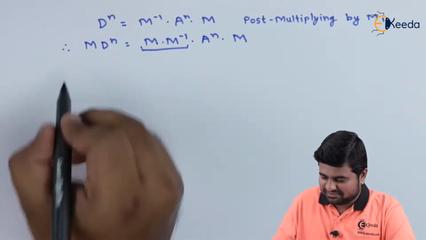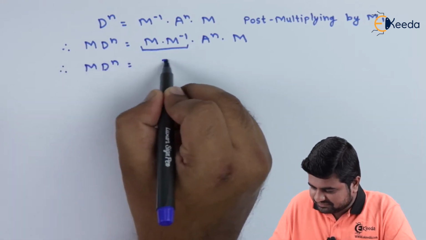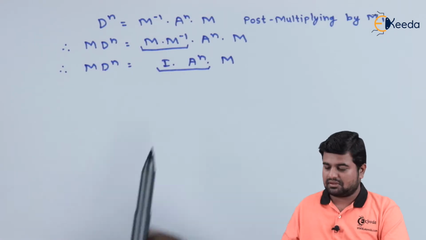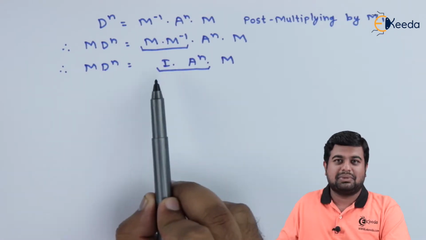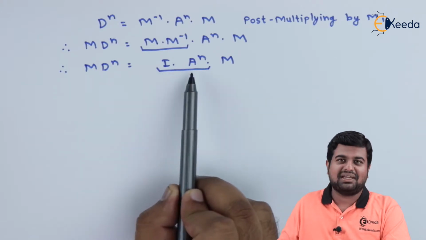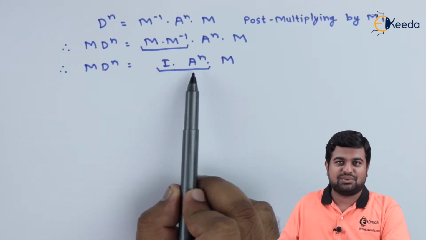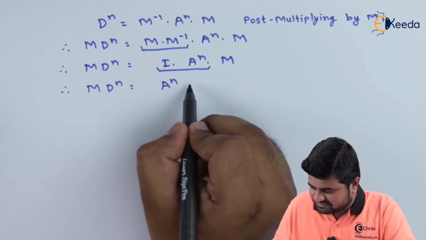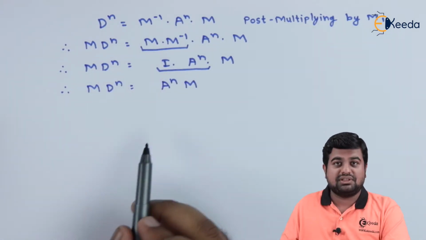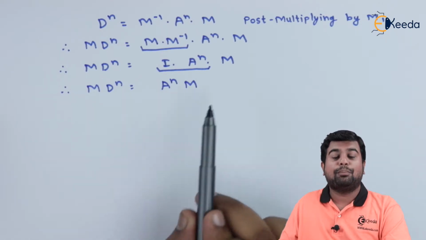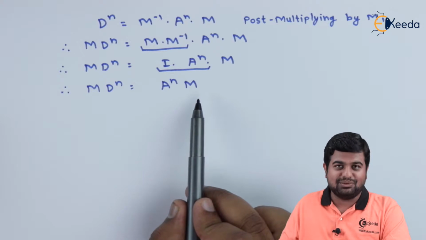So I'm going to write down. When any matrix gets multiplied by an identity matrix, we get the same answer. So I into A raised to n is nothing but A raised to n. So in this particular case, in order to eliminate this M, I am going to post multiply by M inverse.